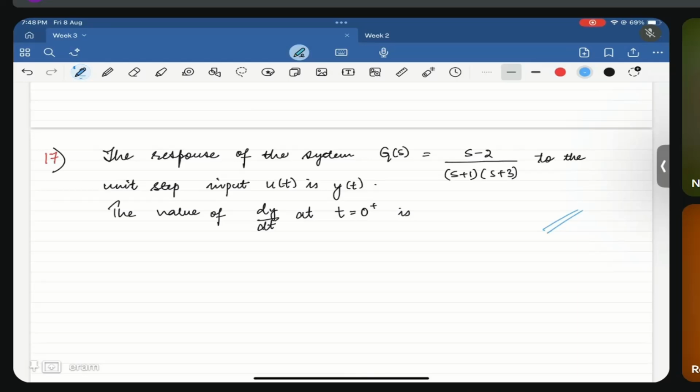Question 17, you can do it on your own. It is very simple. We are given, for this system, the step input and the output is y(t). Then you have to find out the value of dy by dt at t equals 0. How can we do it?